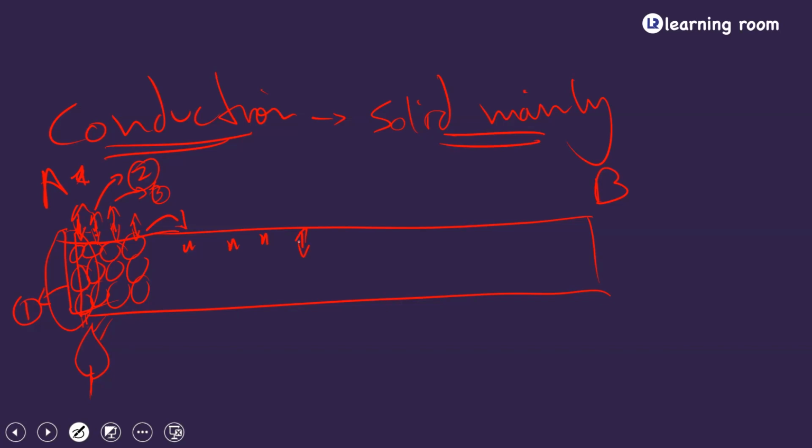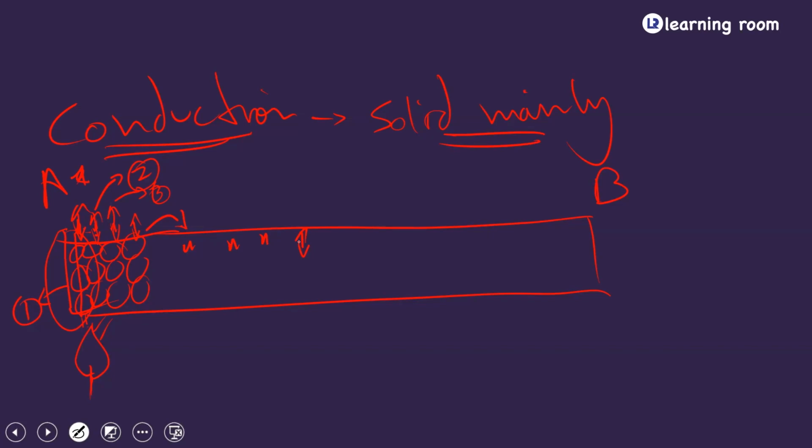The process of transfer of heat from one part of the body to another without the movement of particles. Don't write this definition, it is there in your textbook. You can read and understand it, otherwise we'll simply waste time. You have understood the concept, no?